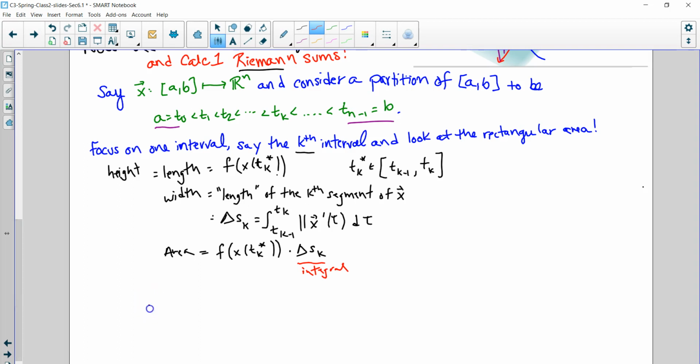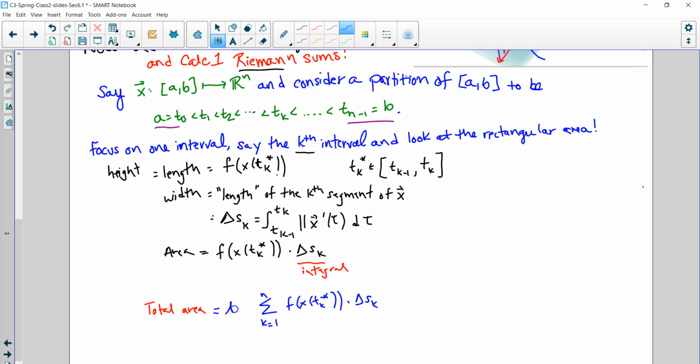So the total area, which is our integral, should be the sum from k equals 1 to n of f of x of tk star times delta s of k, keeping in mind that delta s of k is an interval.